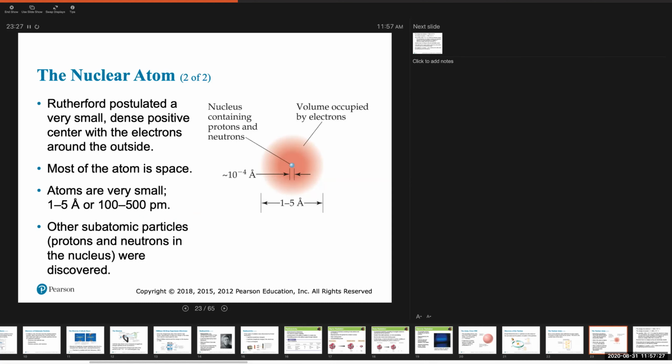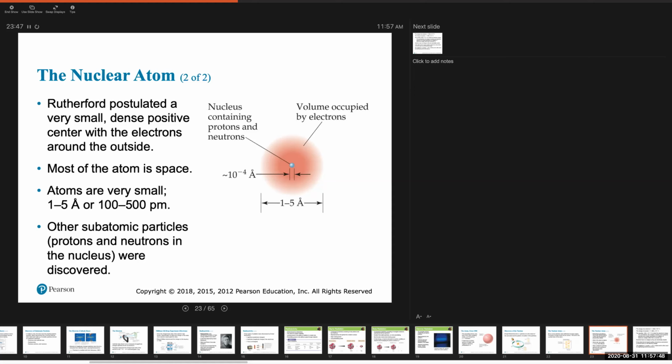If we look at this drawing on the right here, we see a drawing of what that atom would look like. In the middle, we have the nucleus. And the nucleus is where the protons and neutrons are. And then the bigger volume, that's where the electrons could possibly be.